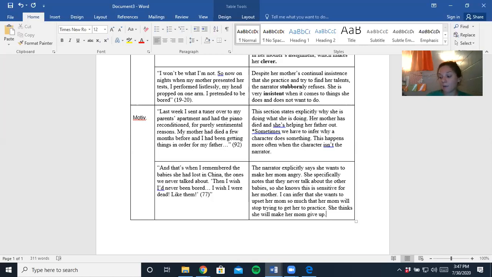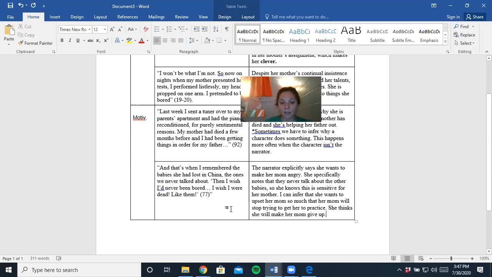And I want you to remember that good readers are really going to consider what their characters' traits are and what their motivations are for why they do things, because that helps them understand the book better. All right, go ahead and get started on working with the mother.